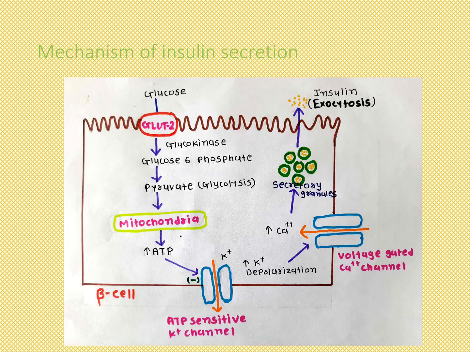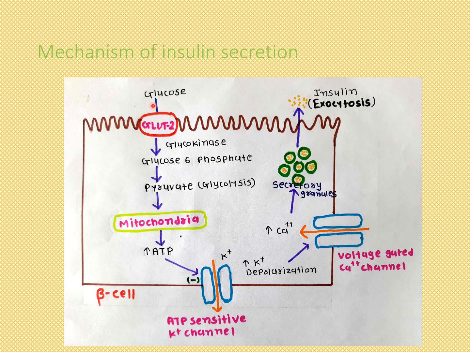Mechanism of insulin secretion. So you can see the beta cell of pancreas. Now glucose is the primary stimulus for insulin release from beta cell of pancreas.